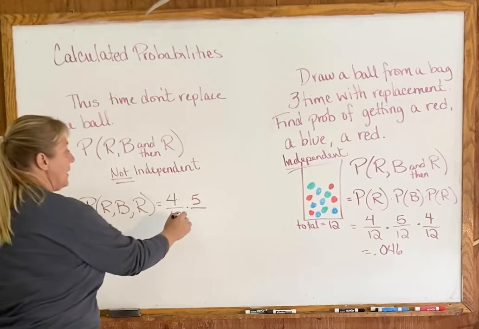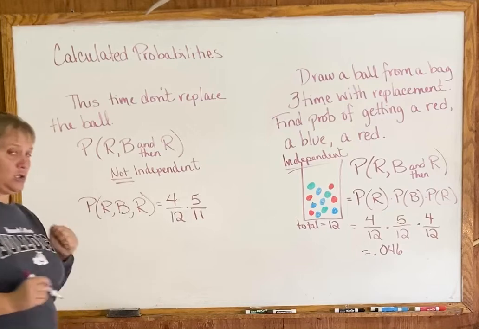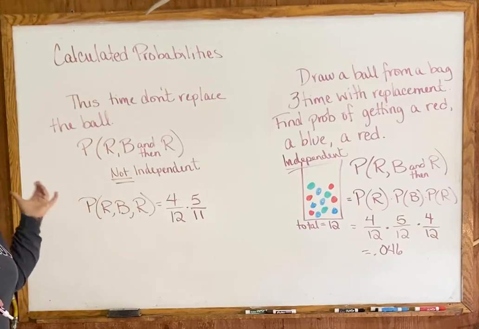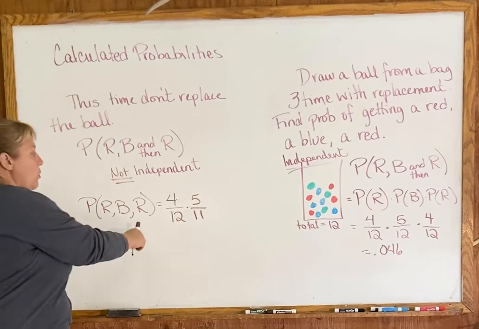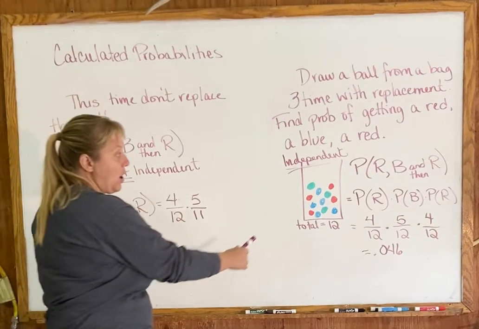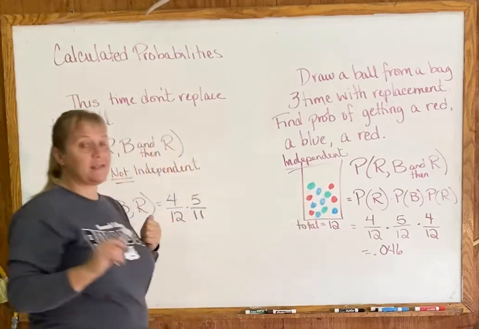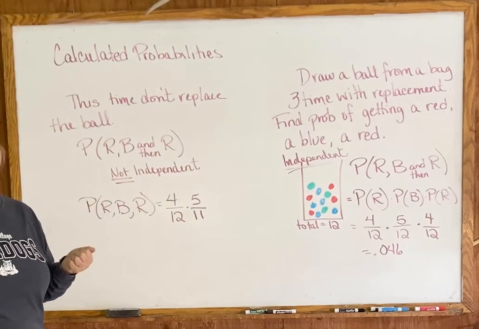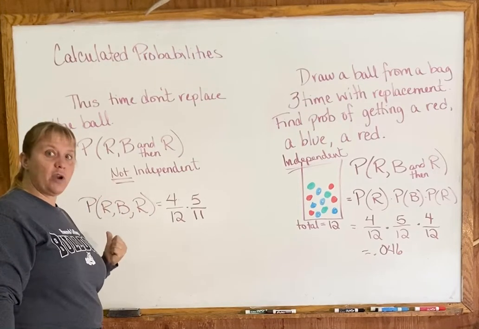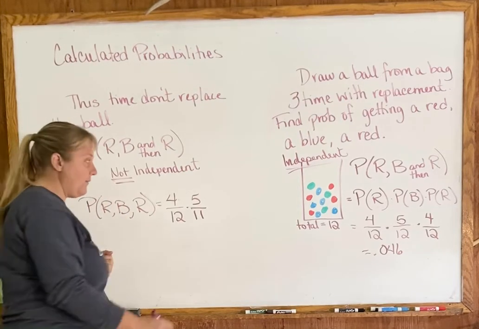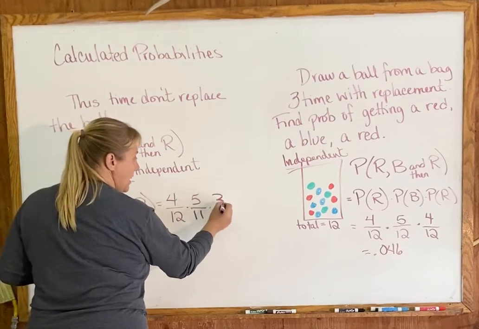There are only 11 balls left in the bag. Do we agree? Now you have a blue and a red ball in your hand. You go back to the bag one more time, and we want another red. But are all 4 of these red balls still in the bag? One of them is in your hand. So how many red balls are left? There would be 3.